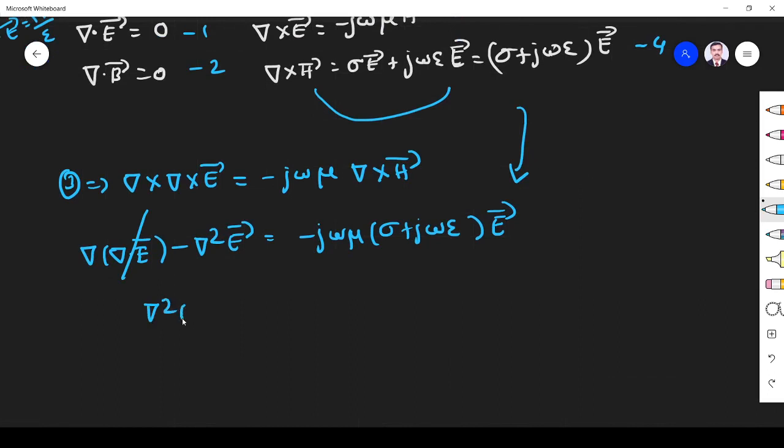This implies del squared E is equal to j omega mu times sigma plus j omega epsilon times E. This is one important point.